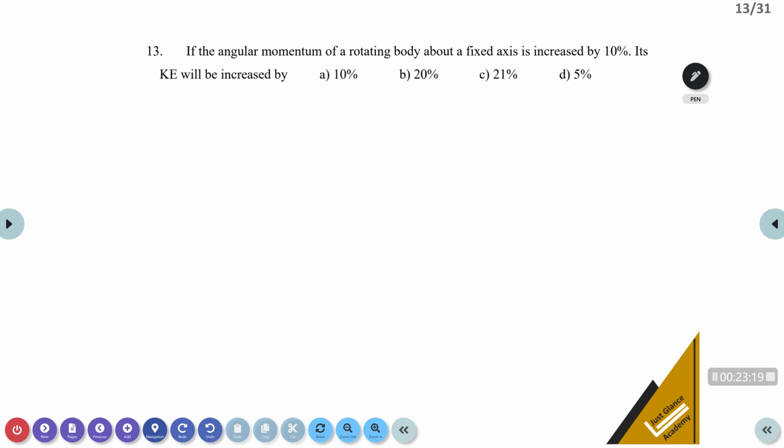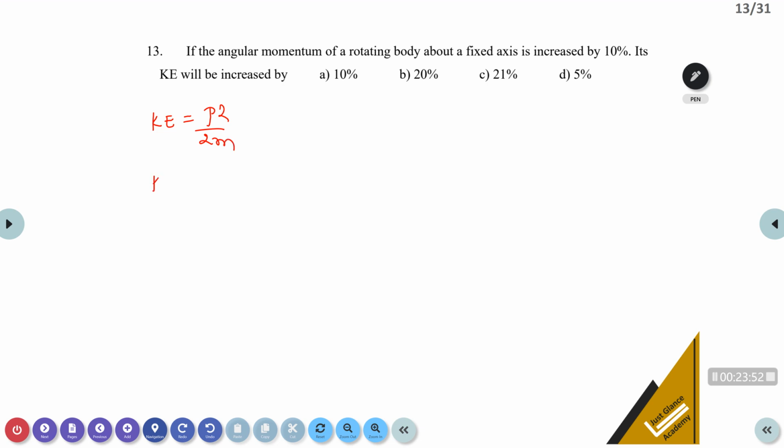13th. If the angular momentum of a rotating body about a fixed axis is increased by 10%, its kinetic energy will be what? Now you have to connect the relationship between the kinetic energy and angular momentum. Kinetic energy in translational motion is p square divided by 2m.